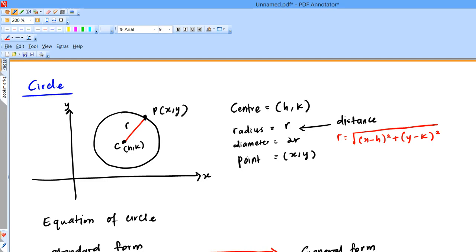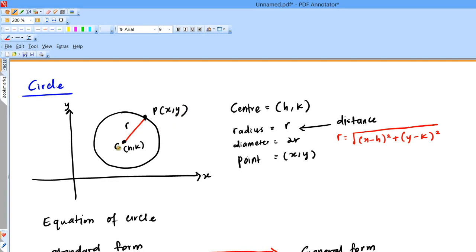Based on the definition, a circle is a set of points in a plane that have the same distance from a fixed point. Our fixed point here is the center, represented by point (h, k), and then we have a point P(x, y).